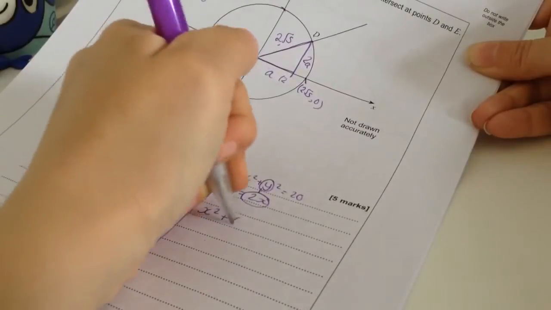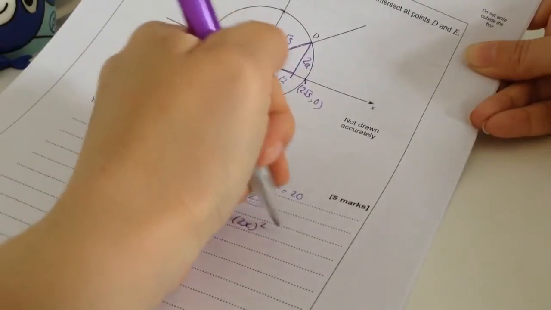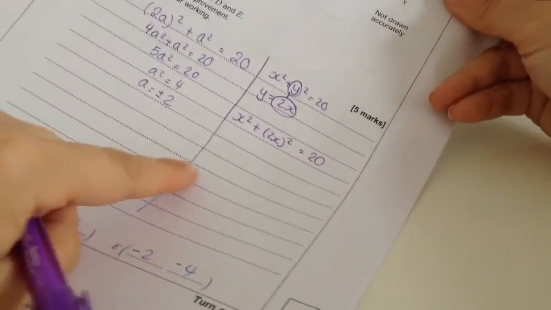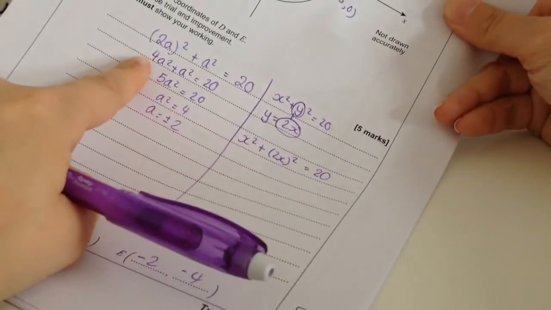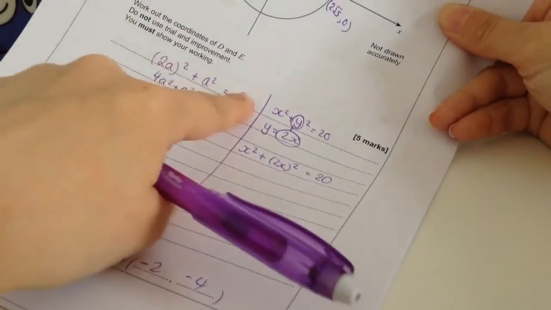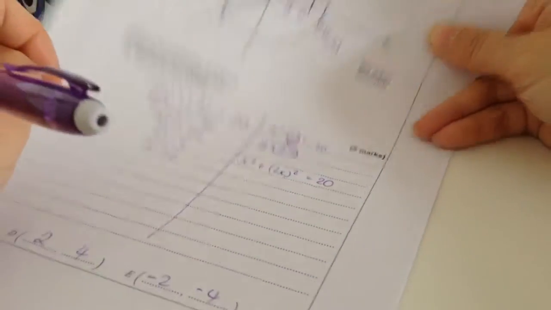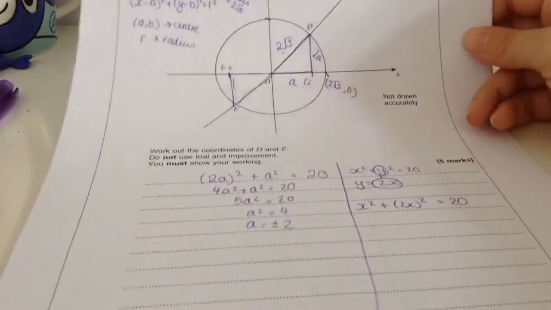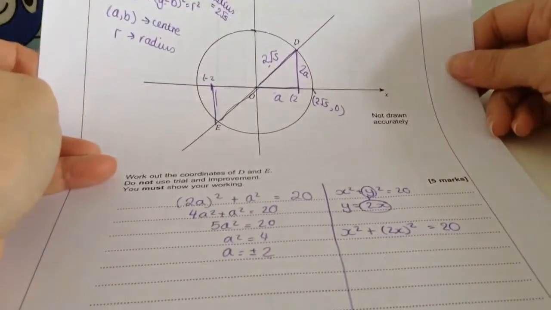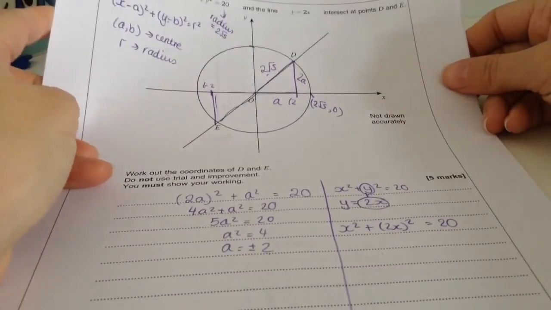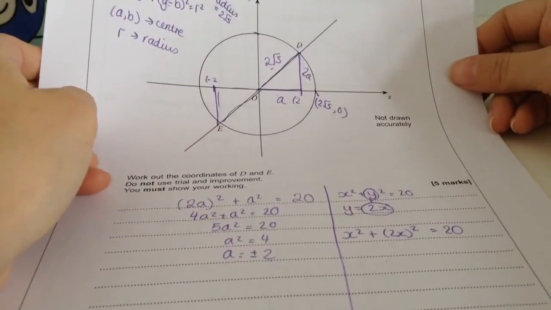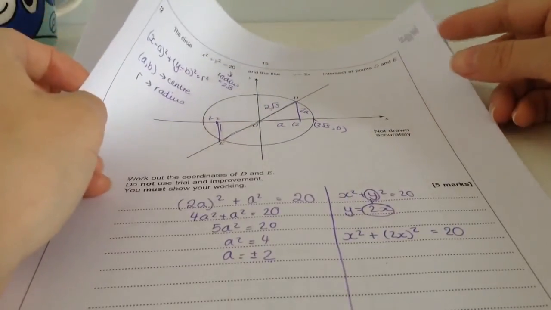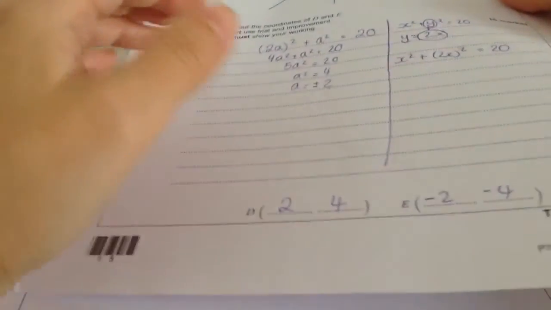So x squared plus 2x squared equals 20. And look, that's basically exactly the same as that. So, yeah, it ends up being the same, which is quite nice, I suppose. Any other ways of doing it? Probably. But that'll do.